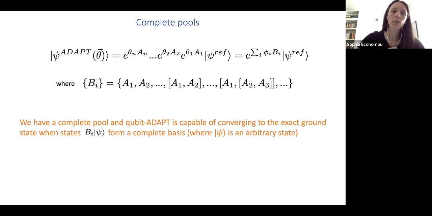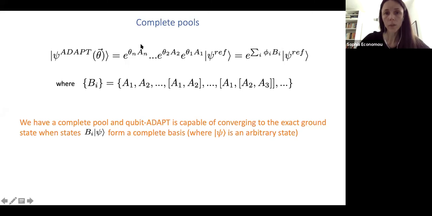So we have examined this question in some depth, and we introduced the idea of complete pools, which means pools that contain all the necessary operators in order to, in principle, reach any state in the Hilbert space. And I should qualify this, we limited ourselves to real states because we're assuming time reversal.